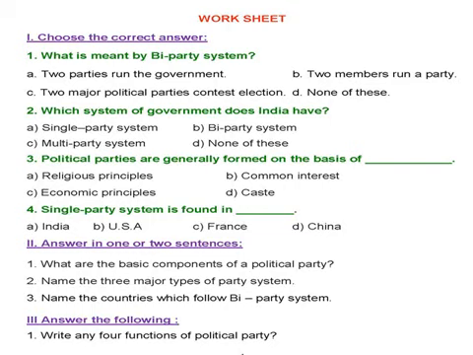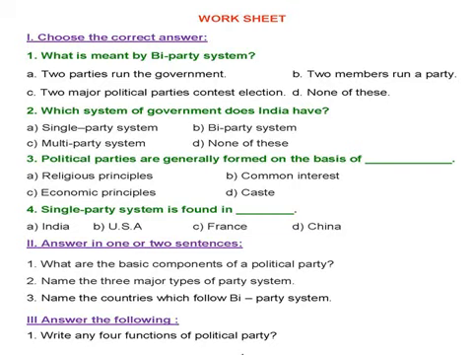Question number 2, which system of government does India have? Options are single party system, bi-party system, multi-party system, and none of these. Question number 3.